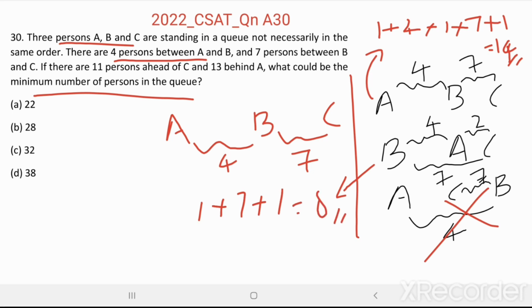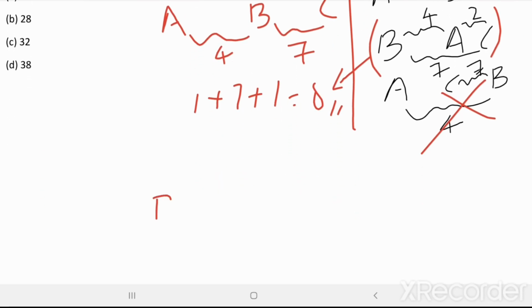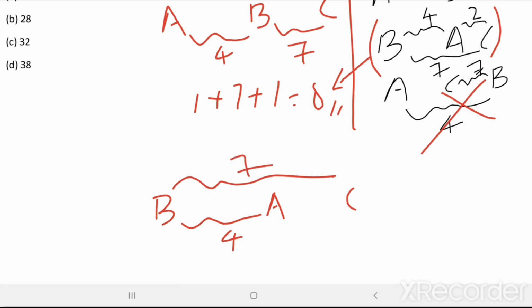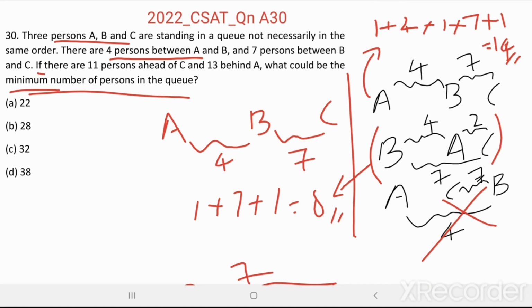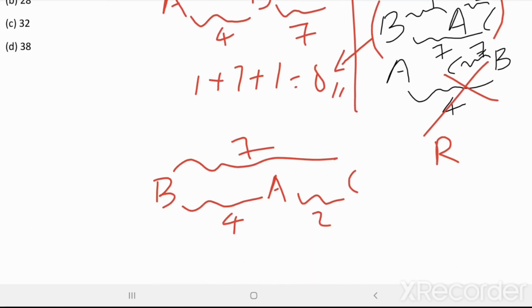So here we need to find the minimum number of persons in the queue. So first we consider the second arrangement, B A C. Between A and B, 4. B and C, 7. A and C, 2. Now see the next statement. If there are 11 persons ahead of C and 13 behind A, this is the right side and this is the left side. The right side is the front side.